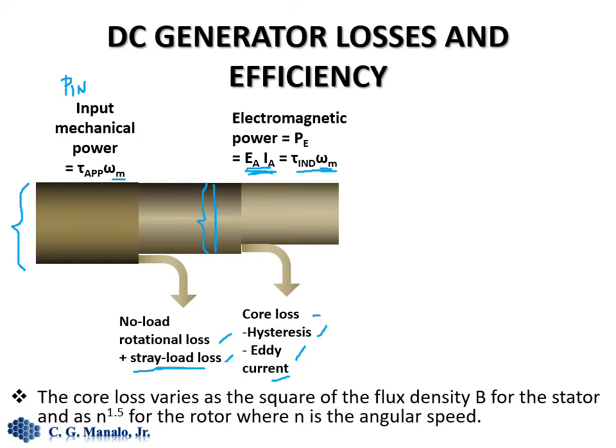So we call this power electromagnetic power, the power that comes out of the armature circuit.